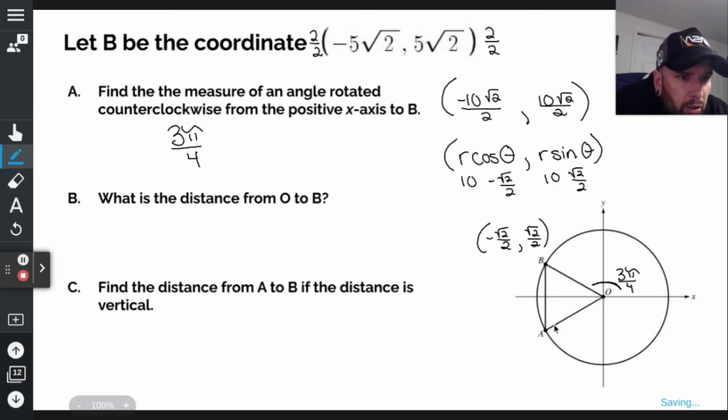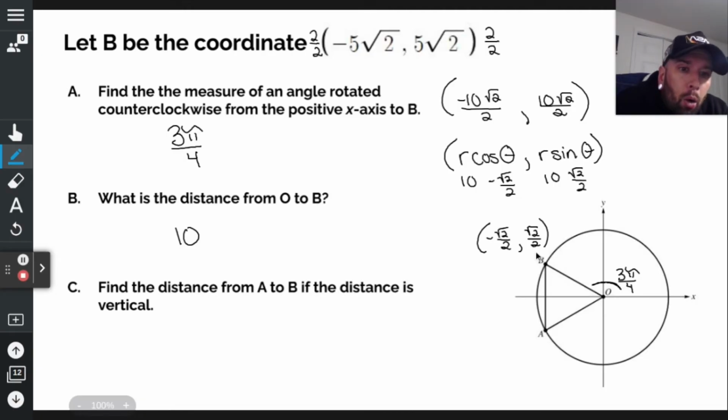What is the distance from 0 to B? That's my radius. My radius is 10. Figured it out already. What is the distance from A to B if the distance is vertical? You are literally on top of the other.